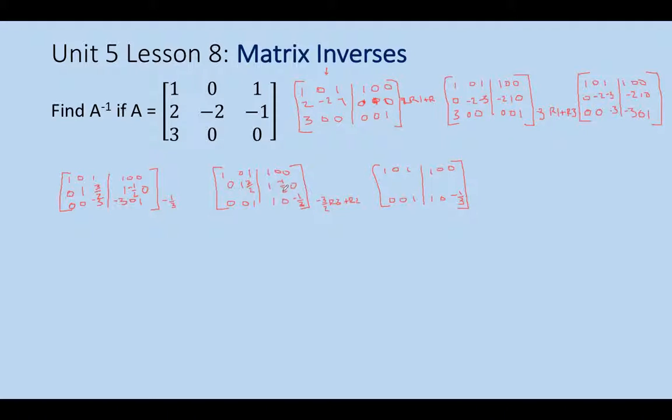But now the middle row, well, the 0 and the 1, those are going to stay the same. This will turn into 0, as indicated. But now we got this other stuff over here. So -3/2 times 1, -3/2 plus 1 is going to wind up being -1/2.